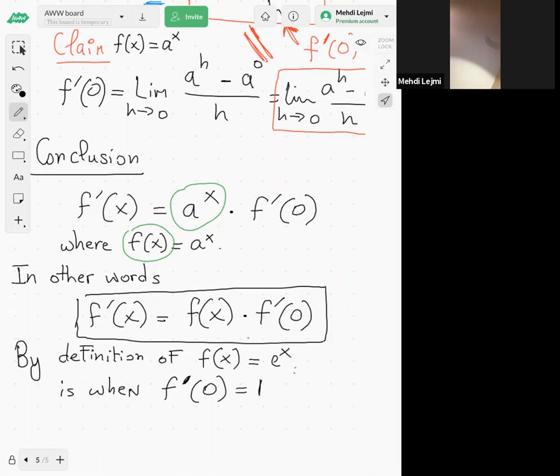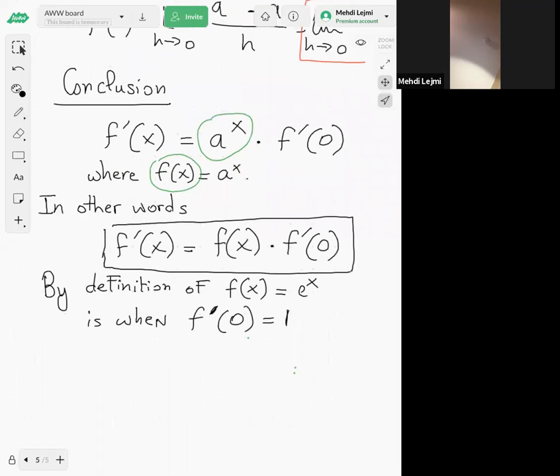So in other words, we have the following rule.